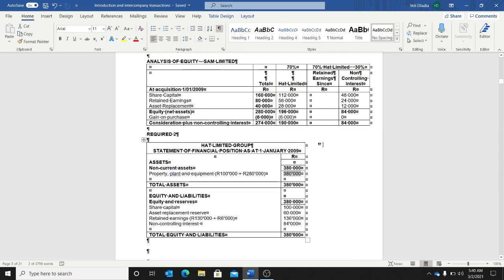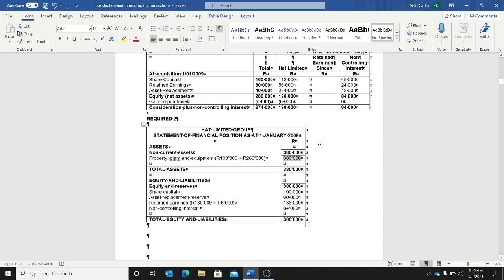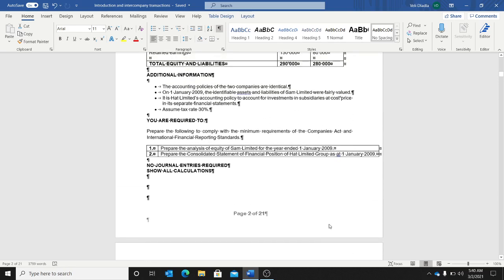Then from there, you put your figures here. It's 100. The share capital is always the share capital of the holding company, meaning HAT. You can see this is called HAT Limited Group. So this share capital is always the one of the holding company, which is this one here.